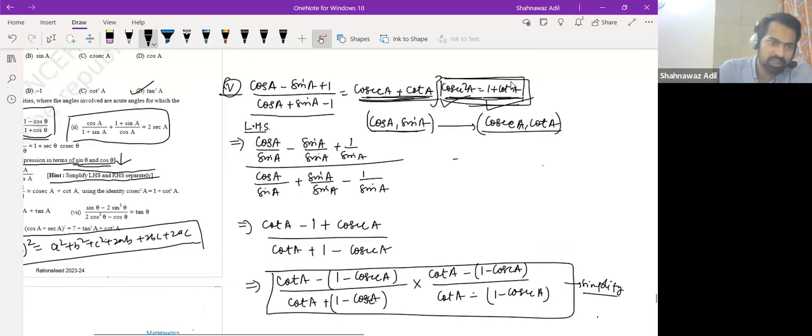Then the next question. Did you guys understand this part? Yes, sir. The previous method that we did is also correct, but we can do this question in this way also.